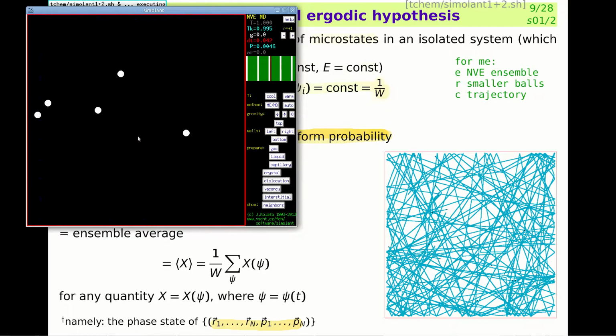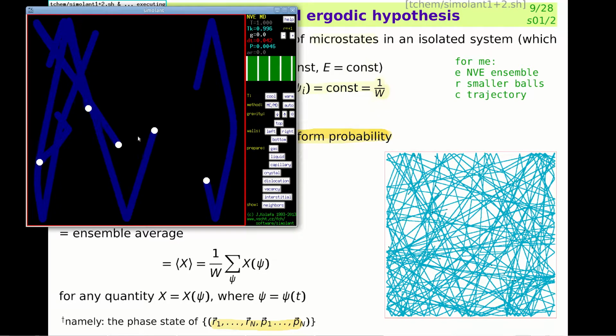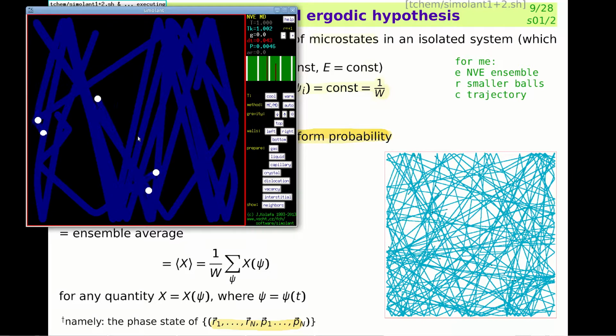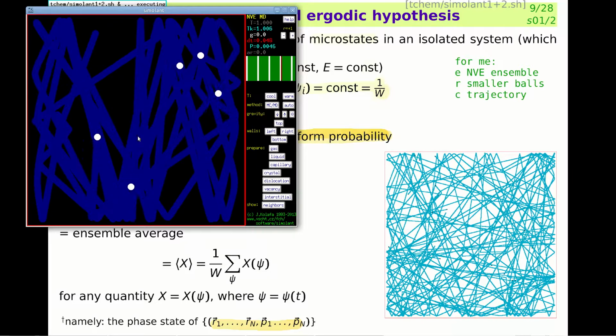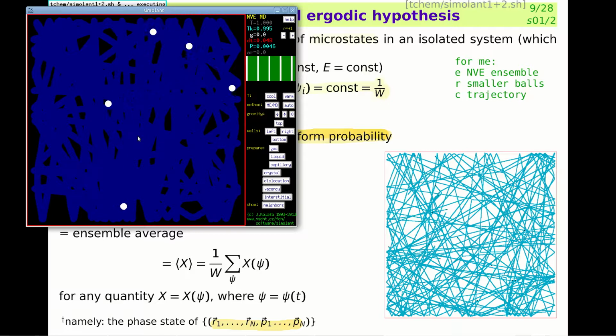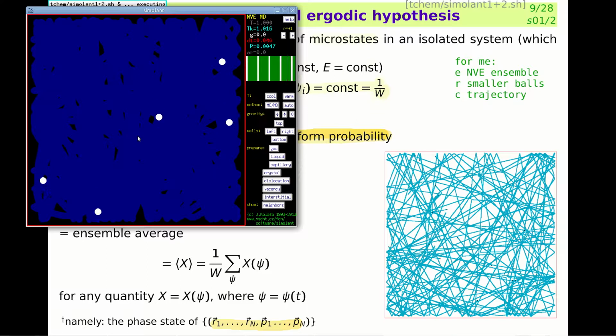If I have 5 particles, then I can see a lot of chaos immediately. And if I have the Avogadro number of particles, certainly there should be a lot of chaos. So we can see that all these particles go through the available space essentially uniformly. But this is only an example of the space. What you can see are only positions.